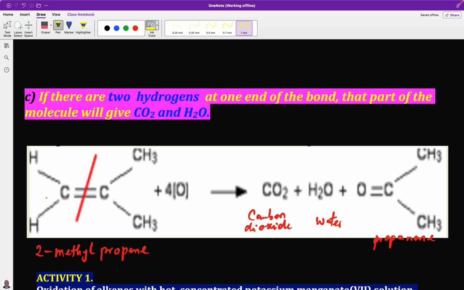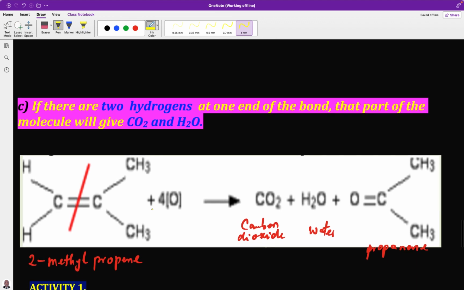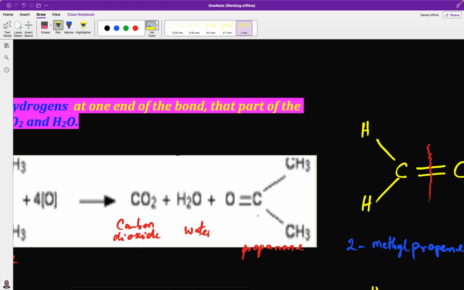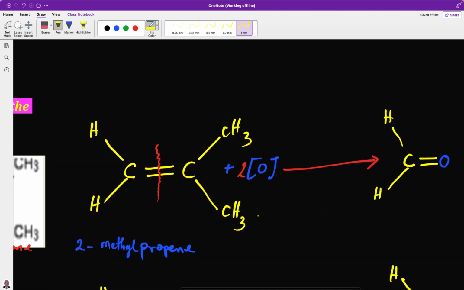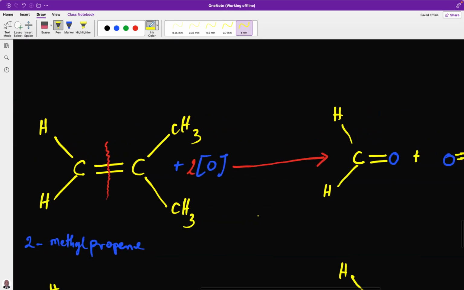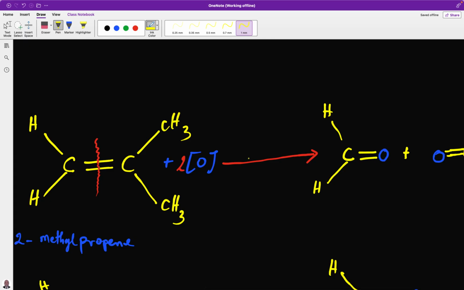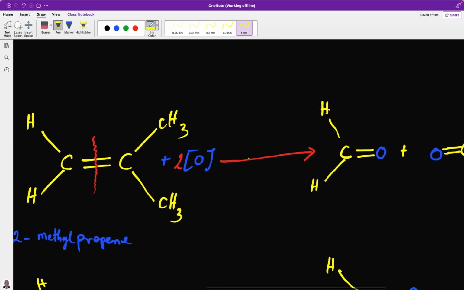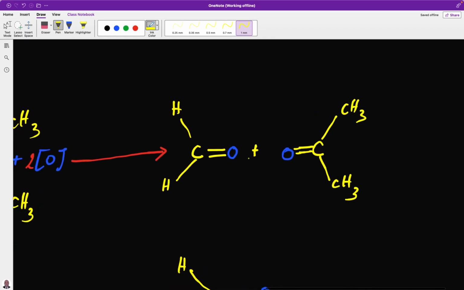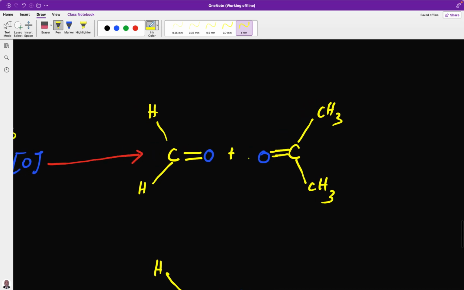On this side of the molecule, the products are carbon dioxide and water, and propanone remains. You might not understand how this has come to be carbon dioxide and water, so I went further to show how it happened. This is the product that is being formed. After splitting, that side of the molecule resulted in this, and the propanone.